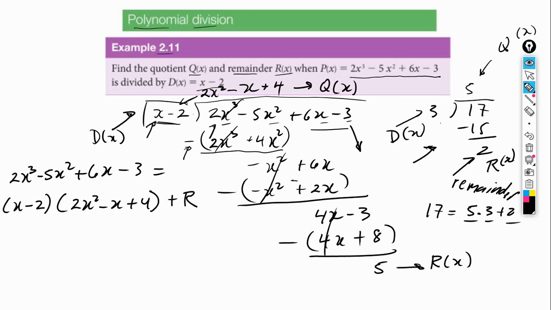So in general, we can say that if p of x is a function and d of x is a divisor, q of x is a quotient, and r of x is a remainder, we can say that in general p of x is equal to d of x times q of x plus r of x.